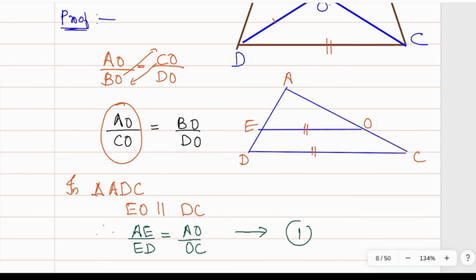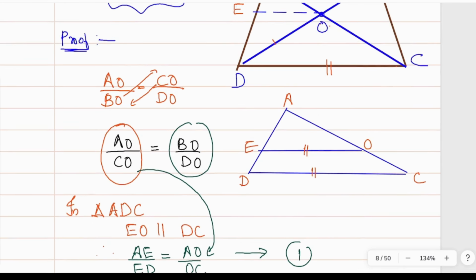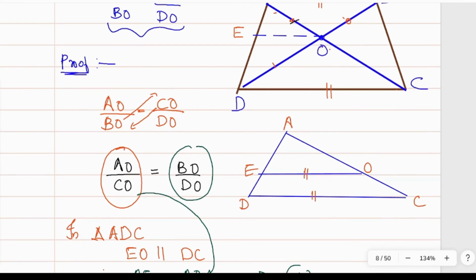Similarly, now I got AO by OC. This part I got here, right? Now I need to include my RHS part, that is BO by OD, in the second equation. So I will check for the triangle which contains BO by OD and I can use the BPT in the same method.